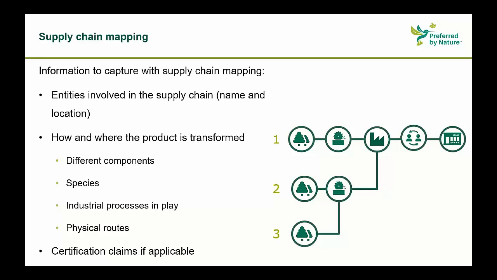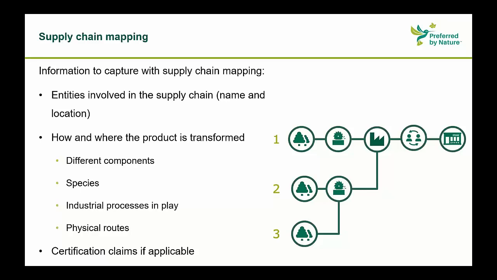So, of course, the entities, who is involved in the supply chain, but also who is doing what, so different industrial processes in play, the different components of the final products, when and how they come together, which species come together, and if there are physical routes that might be different than the ownership route, let's say, of the product.